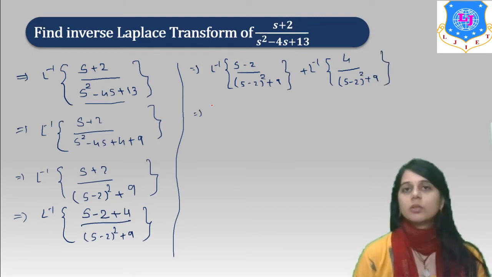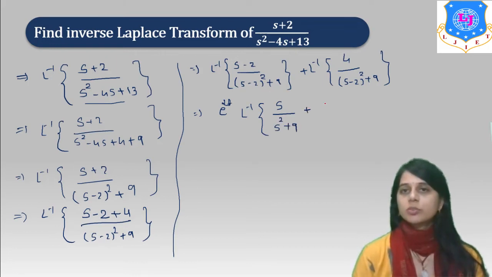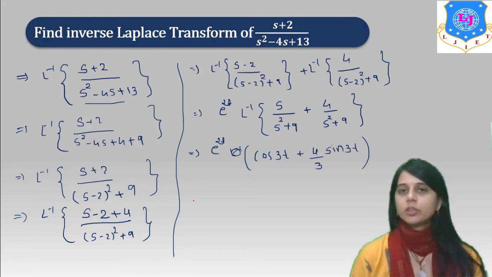Now this is the inverse first shift theorem. We are taking e raised to 2t as a common. So we get s upon s square plus 9 plus 4 upon s square plus 9. E raised to 2t. Laplace inverse of s upon s square plus 9 is cos 3t, and it is 4 by 3 sin 3t. So this is your answer of this example.